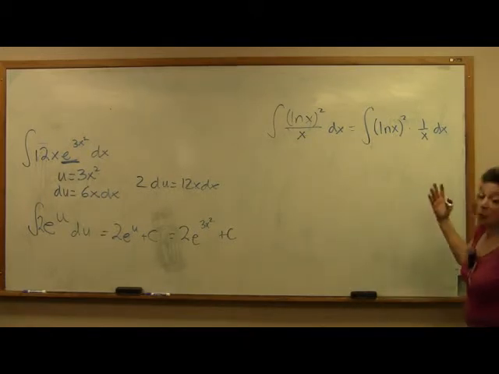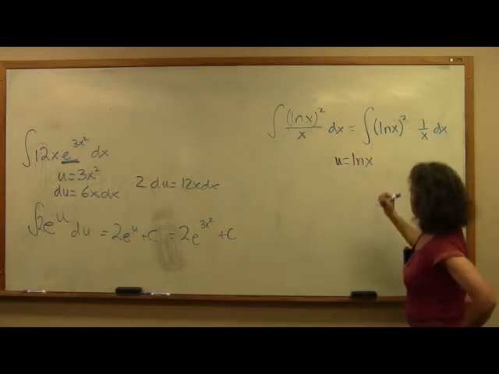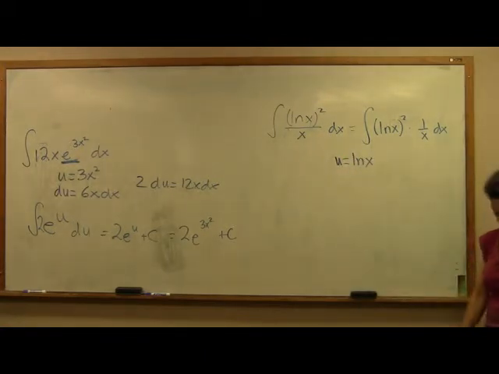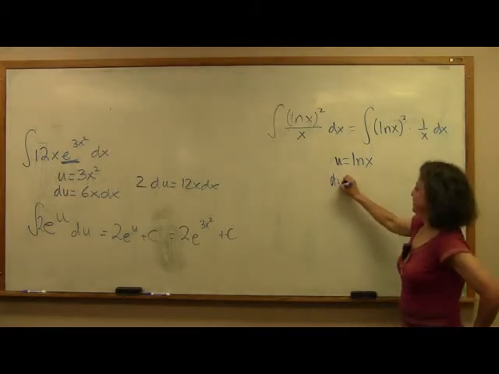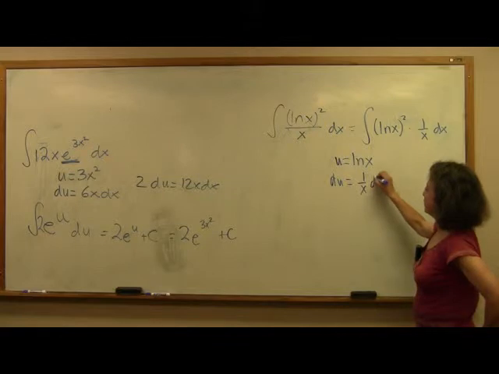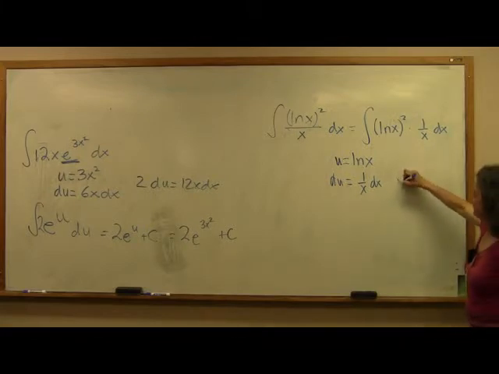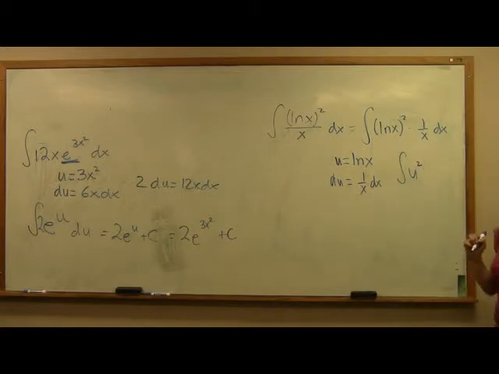Okay, so again, what we'll do is we'll substitute what's in parentheses, which is the natural log. We'll take the derivative with respect to both sides, and the derivative of log x is 1 over x dx. And this is sweet. All right, so what do we have? If we're going to write this in terms of u, this becomes u squared.